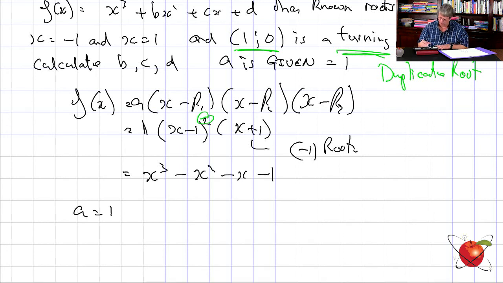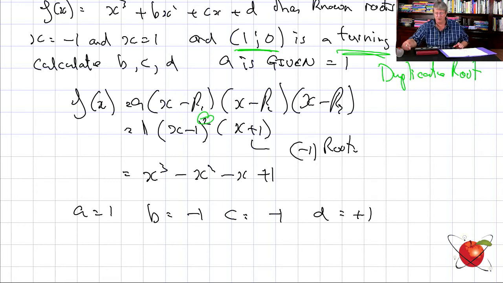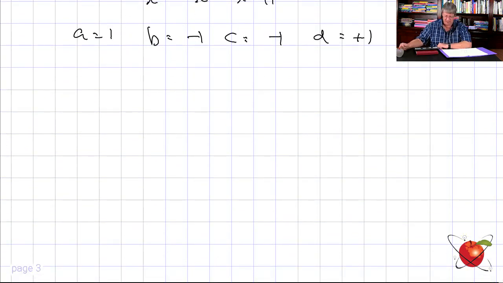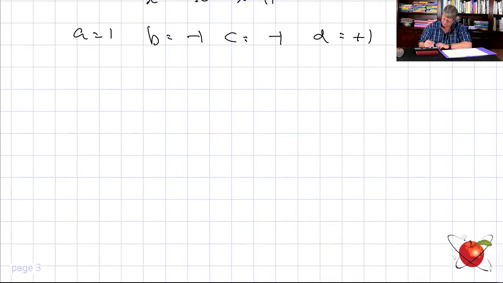Therefore, A equals 1, B equals minus 1, C equals minus 1, and D equals plus 1. My bad, sorry, there's a plus 1 there. Okay, that's how we do those. Our next one is slightly different. Given the turning points, here's another example.